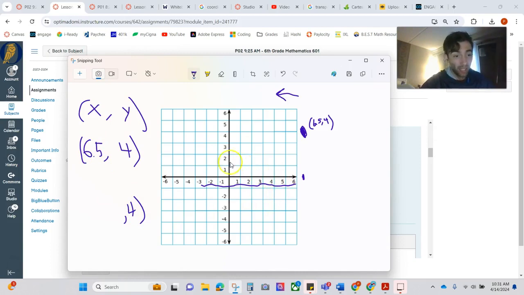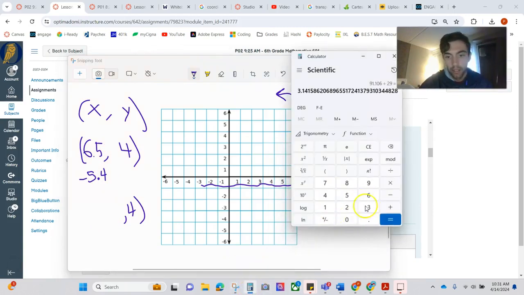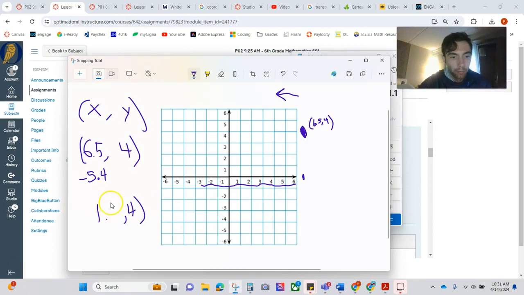Since we're going to the left and our numbers are getting smaller, I'm going to try using subtraction. And we went to the left 5.4 units. So I will do 6.5 minus 5.4, with the handy-dandy calculator. 6.5 minus 5.4, 1.1.